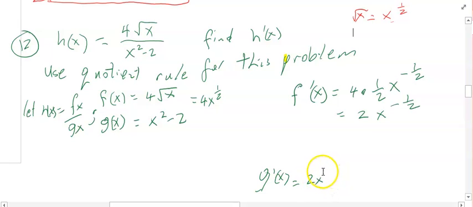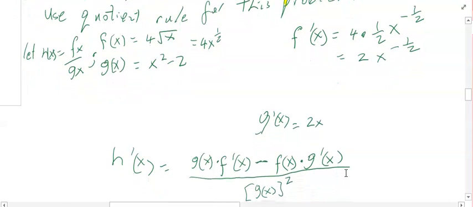When we have x to the 1, we do not necessarily write the 1 because x to the 1 is just x. So g prime of x will be 2x. And remember also, when we differentiate a constant, we get 0. The derivative of a constant is 0. So we are only left with g prime of x equals 2x.